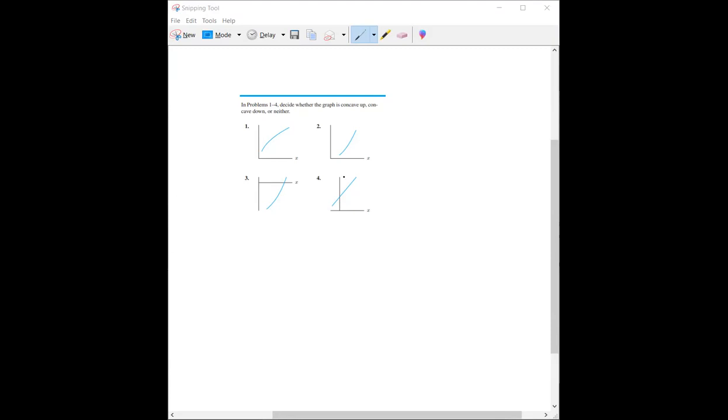If I can get the pen to work. Number 2. Yep. And 3. What about number 4? It's linear. So it is neither. Awesome.